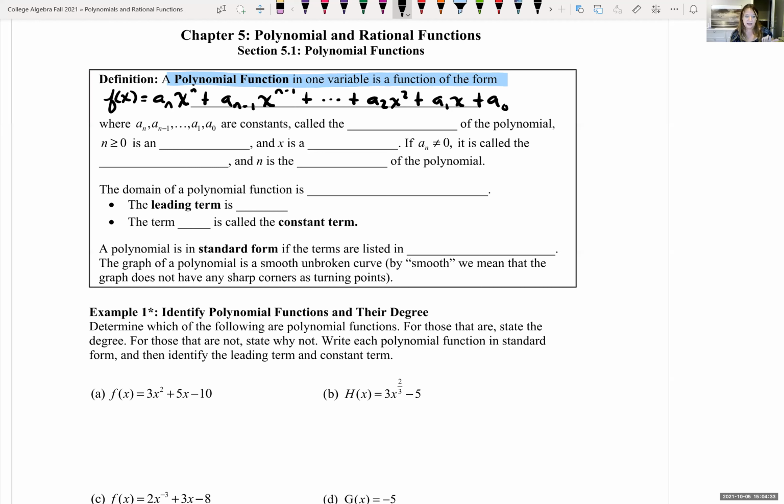The exponent n has to be greater than or equal to 0, and it has to be a whole number, or an integer that's greater than or equal to 0. Same thing. And x is a variable.